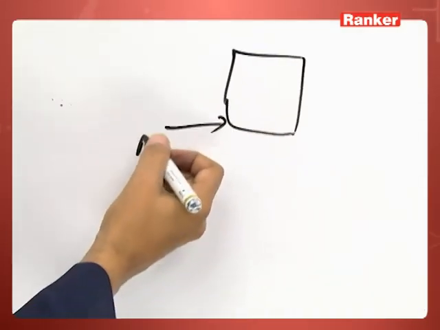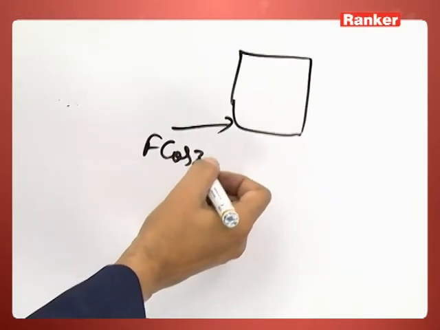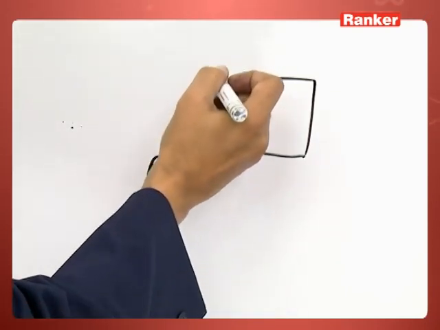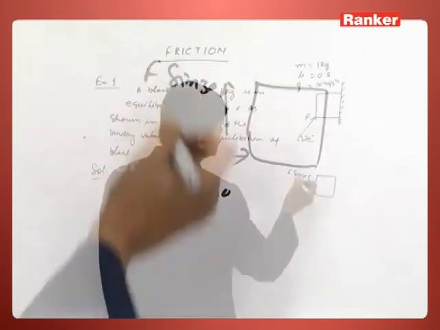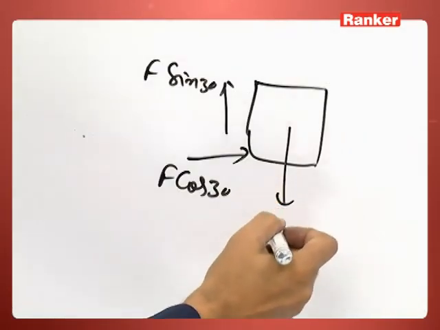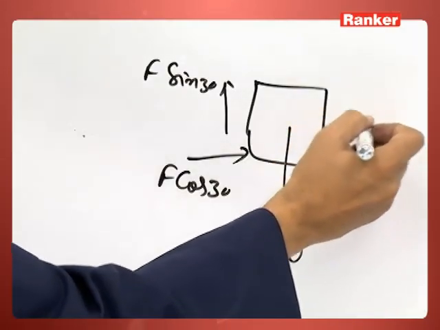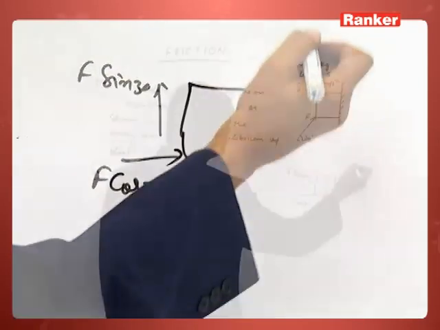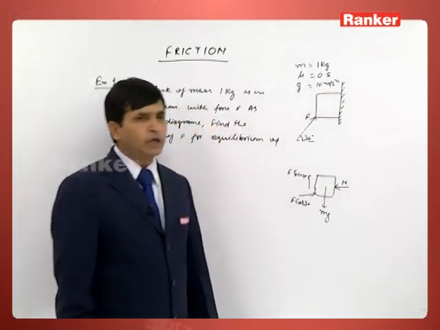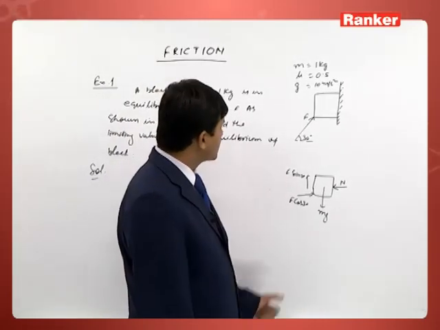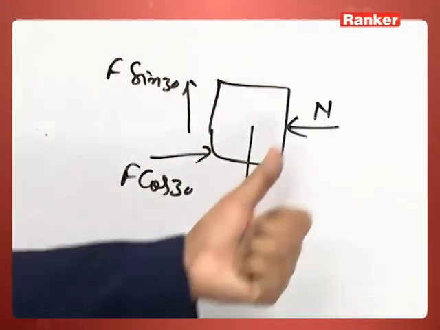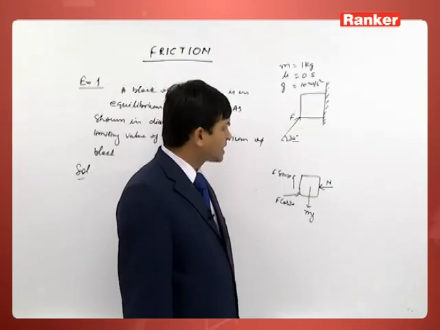In this side, F cos 30, upside F sin 30. Apart from that, mg, and third is your normal force.